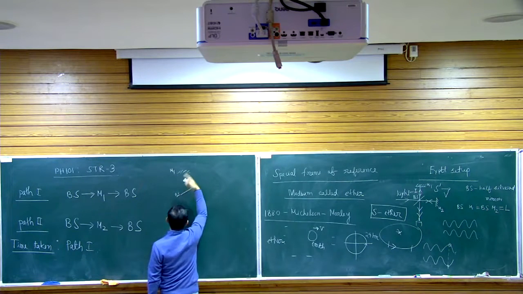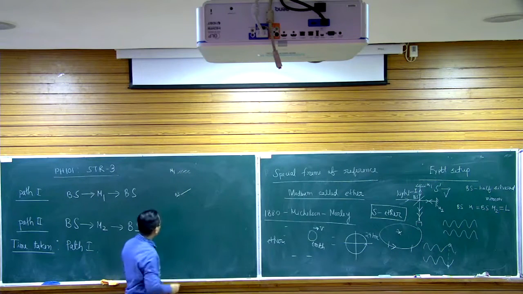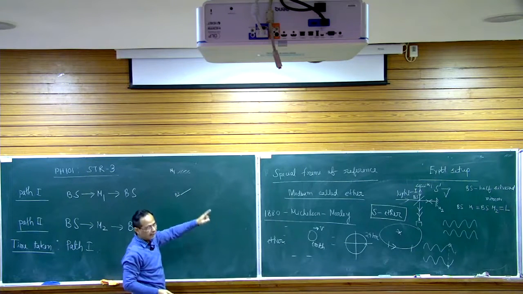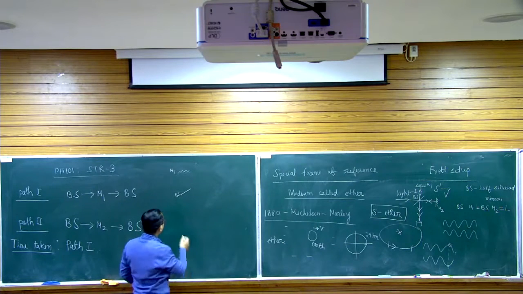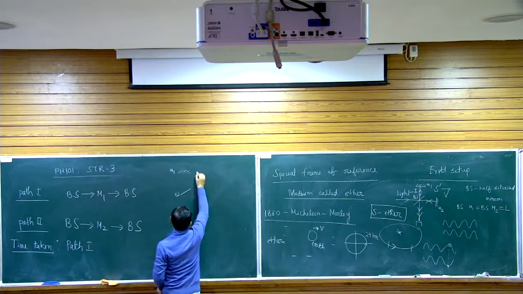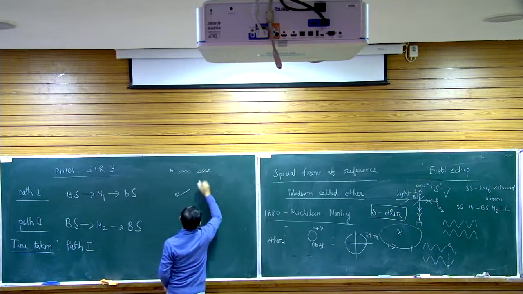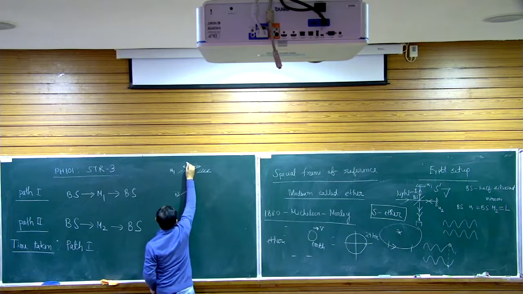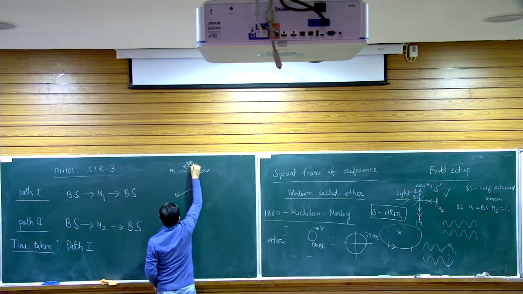This is supposed to be the position of M1, but you see M1 is attached to the earth and the earth is moving with a velocity v. So by the time light reaches, the mirror has changed its position to this particular location, and these two are separated by the distance v into T1.